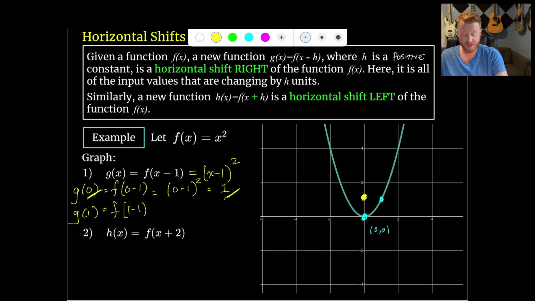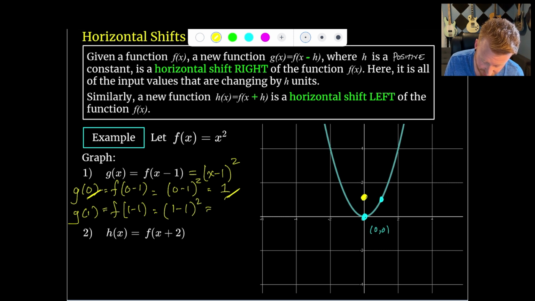So we should get the same thing as f of 0. And f of 0 was down here. So we should hopefully see that here, and I think that we will once we do (1 − 1) being squared, which is 0 squared, which is 0. So this is telling me that I have an input of 1 and an output of 0.